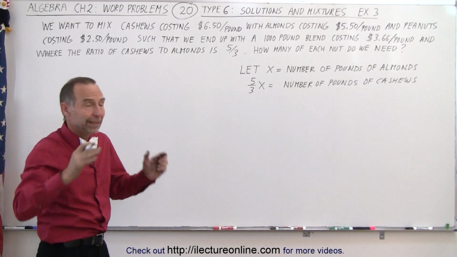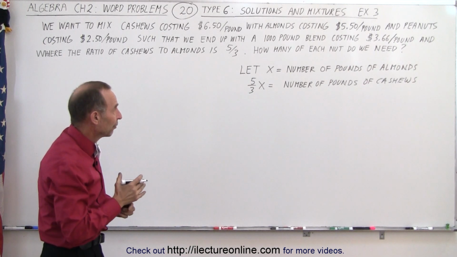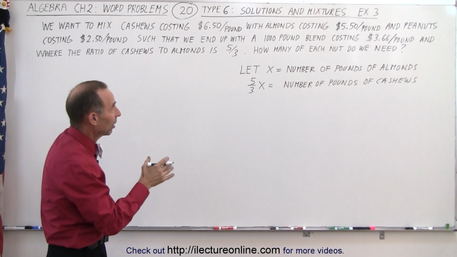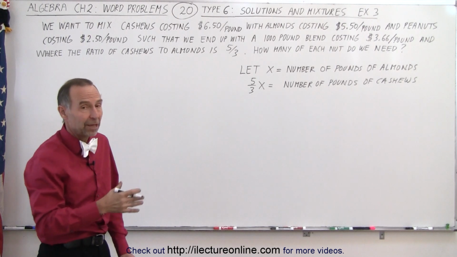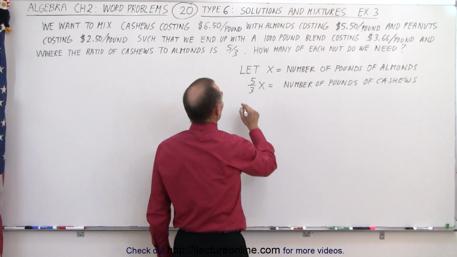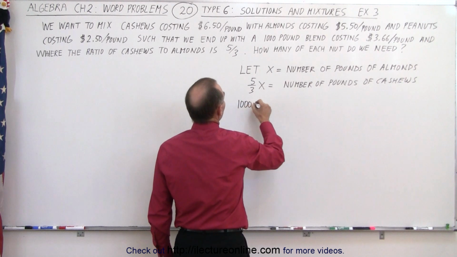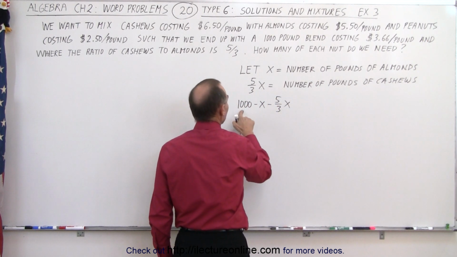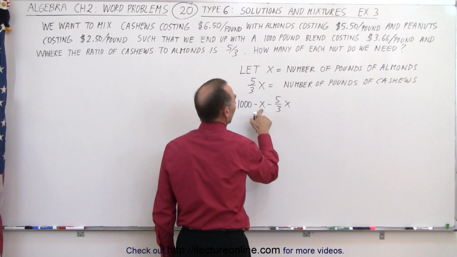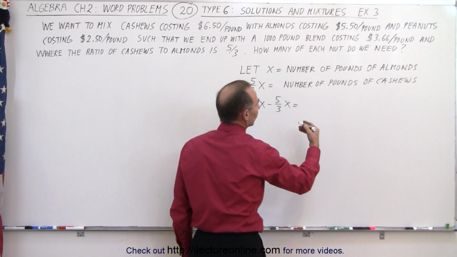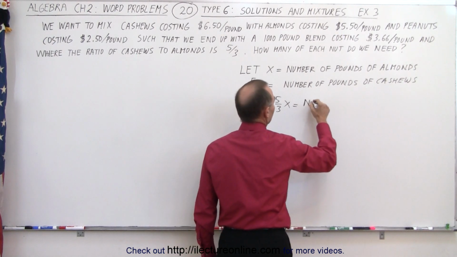If the total blend weighs 1,000 pounds, we subtract the pounds of almonds and cashews from 1,000. So 1,000 minus x minus 5/3 x equals the number of pounds of peanuts.